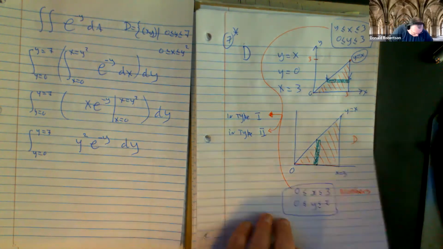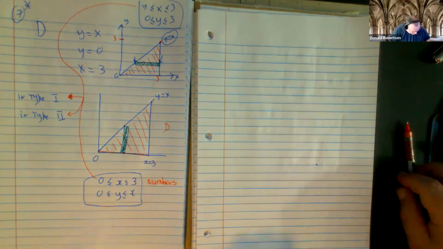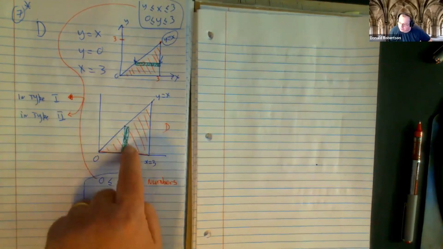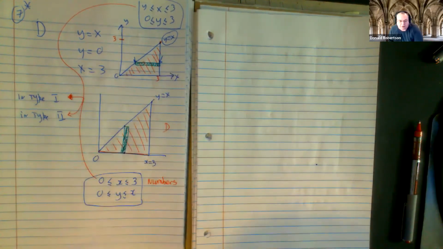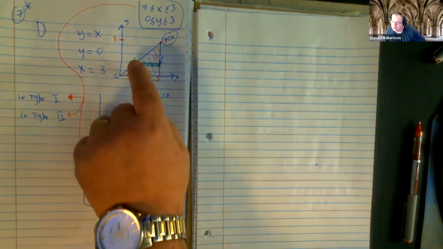So when you are given a region, you can describe it by doing type 2 or type 1, right? Type 1 X's, type 2 Y's. Now you might say, well, why do I bother? A lot of the time it doesn't matter. The working is equally horrible or equally nice, so there's no great benefit computationally. But sometimes, just sometimes, it's better to do a type 1 or it's better to do a type 2.